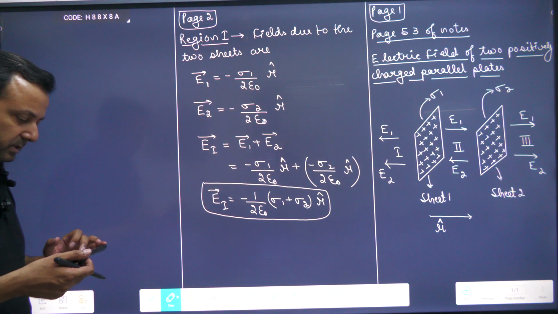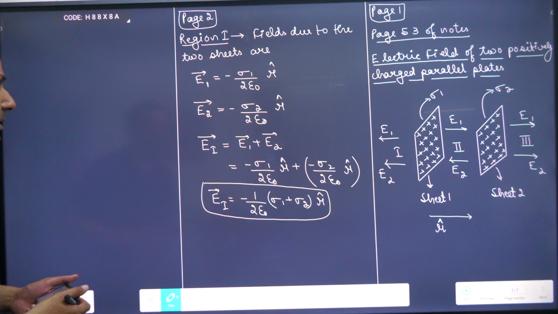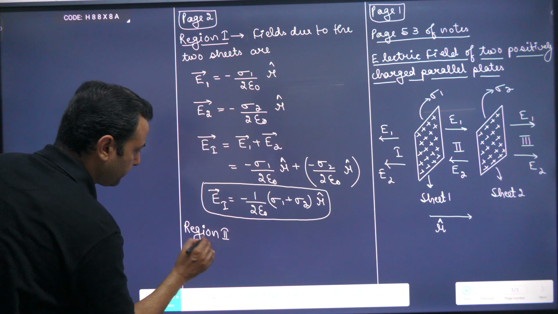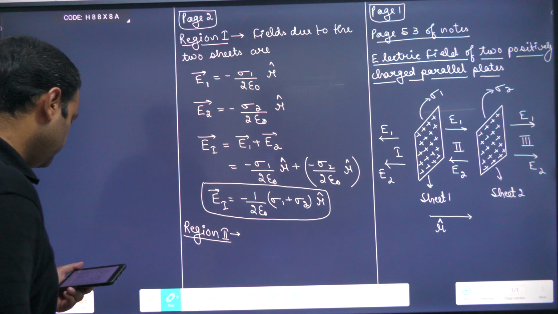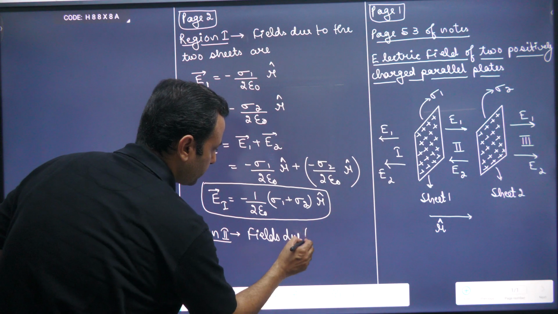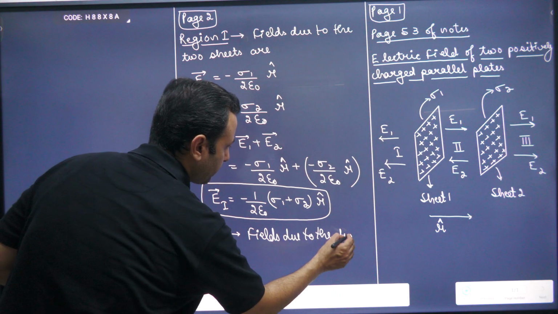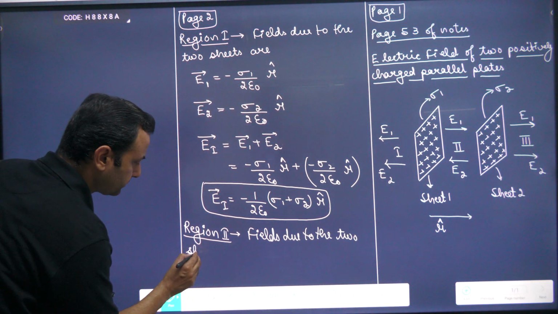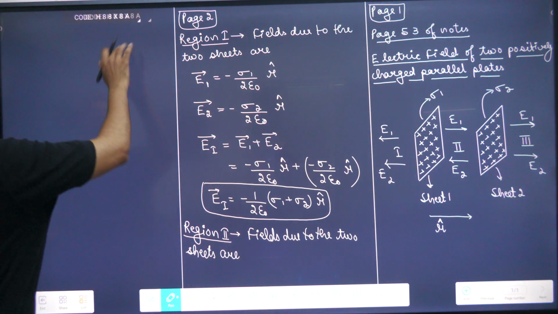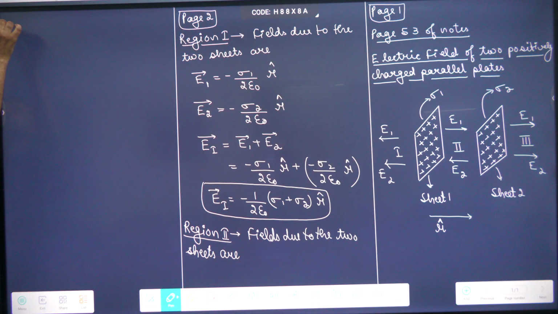Similarly, let's move on to page number 54, region second. Fields due to the two sheets are E1 vector.